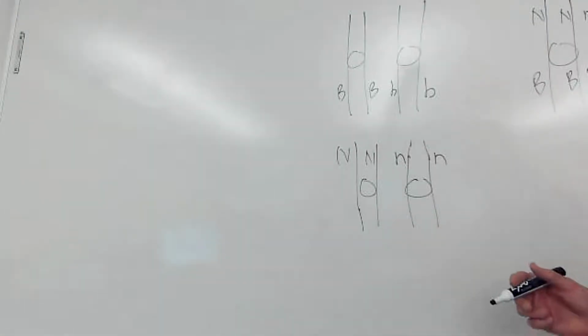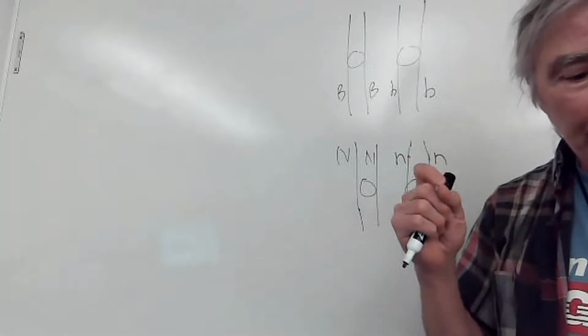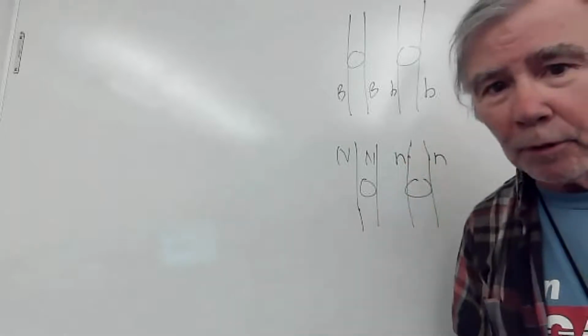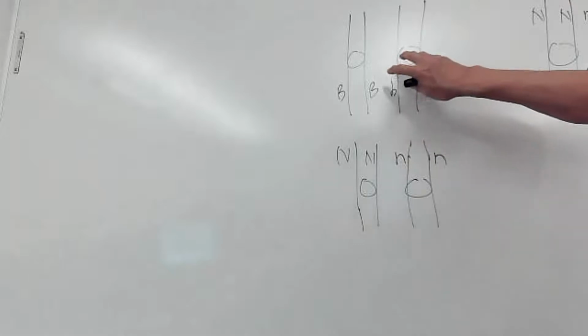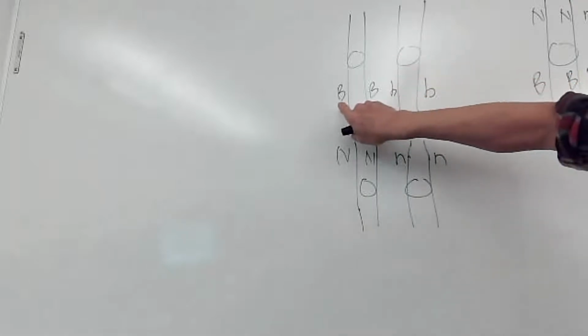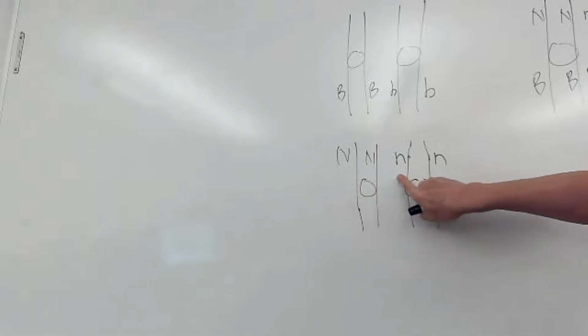Okay, we're back. I'm going to try to use the board here to explain independent assortment and how it has to do with whether the alleles are on the same chromosome or different chromosomes. Here's an individual that's a double heterozygote. Big B, small b, big N, small n.